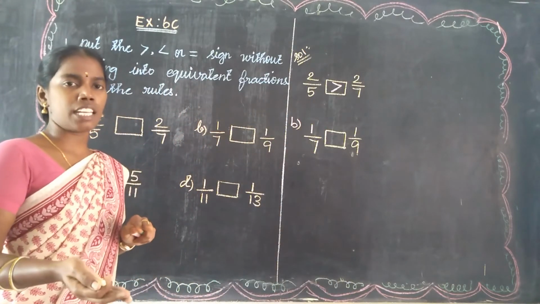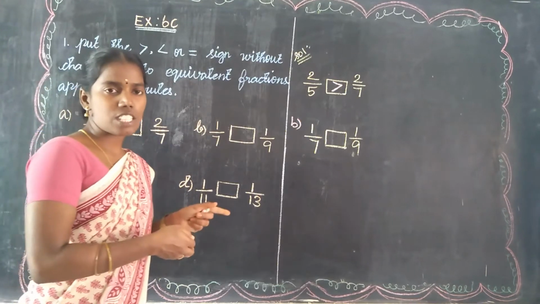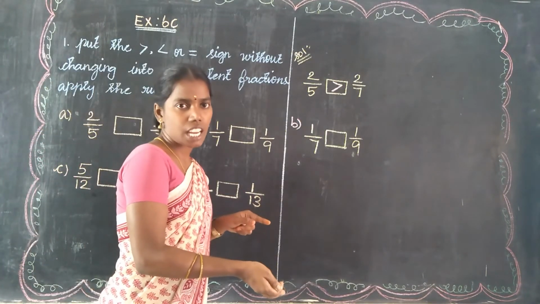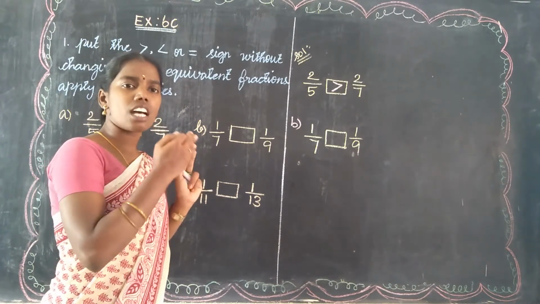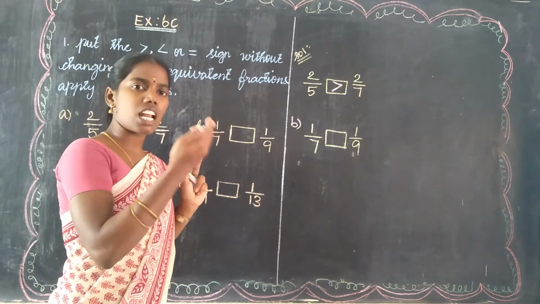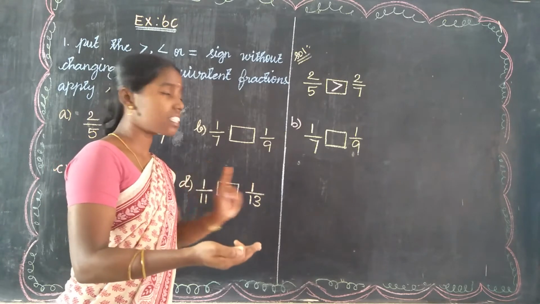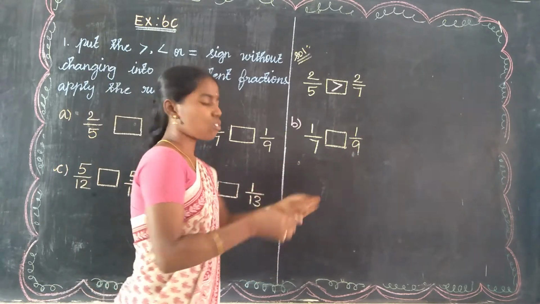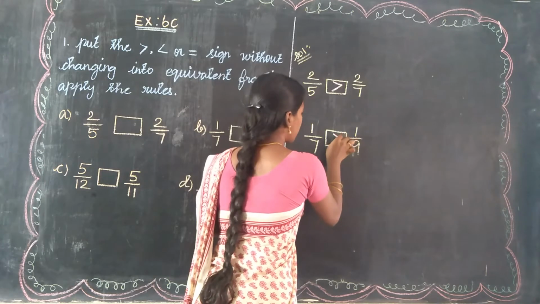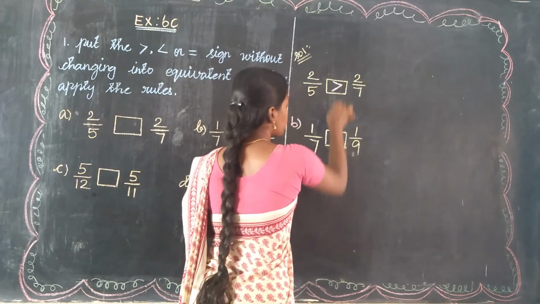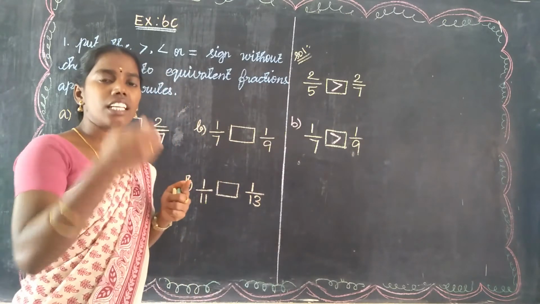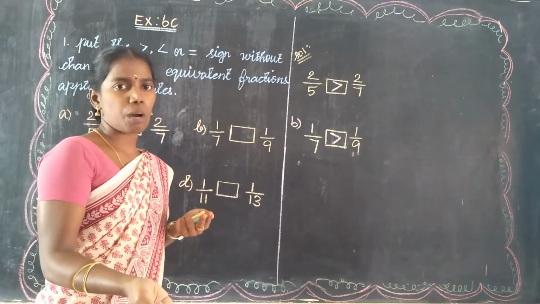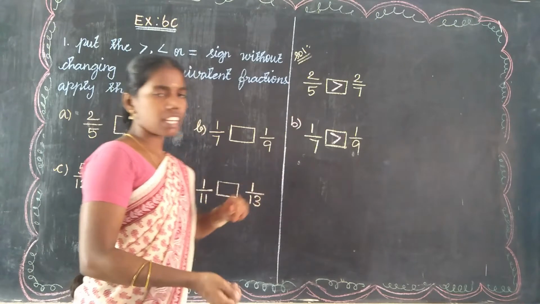Next consider the denominator values, 7 and 9. Among single values 9 is greater, but this is a fraction, the same procedure: if the denominator is higher, the value becomes smaller. So 1 by 7 is the greater value.